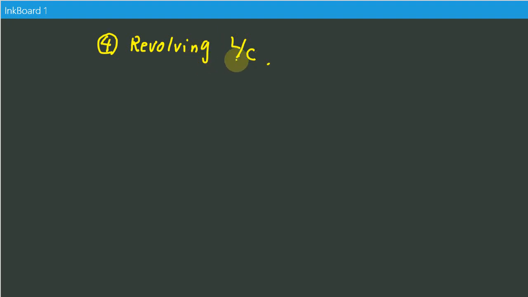And this LC is used for repetition trade. Once the similar and same trading occurs several times in a certain period, then they use revolving LC. Okay? Because every time they open a letter of credit for the similar trading is so inconvenient. So they use revolving LC.